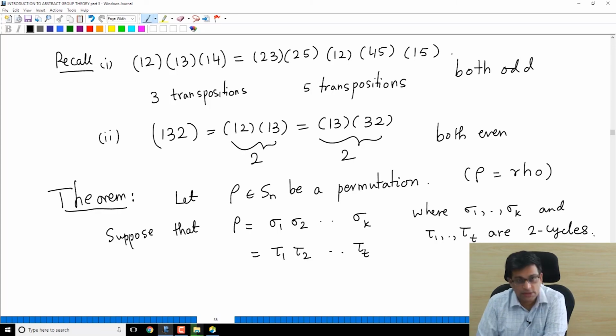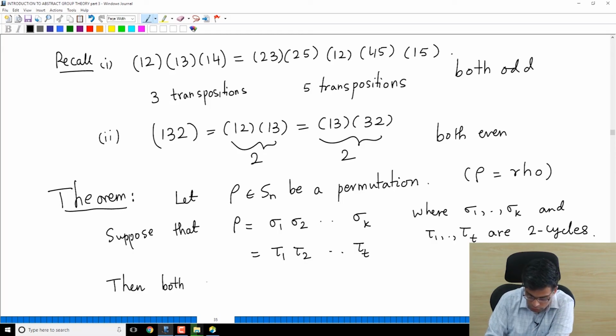So what is the situation? We have a fixed permutation rho, and we have written it in one fashion as sigma 1 through sigma k, and in another fashion as tau 1 through tau t. Certainly we can't say k equals t, but what we can say is that k is the number of sigmas, t is the number of taus.